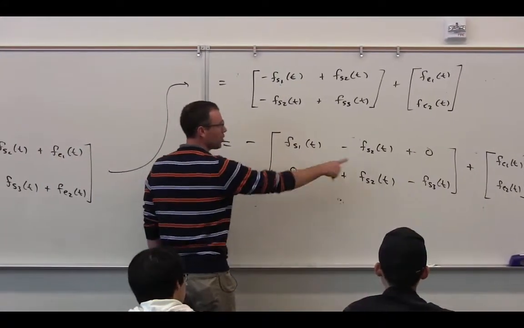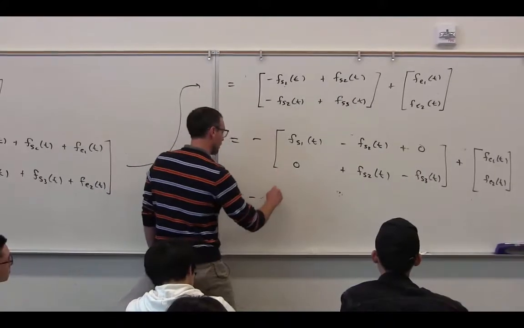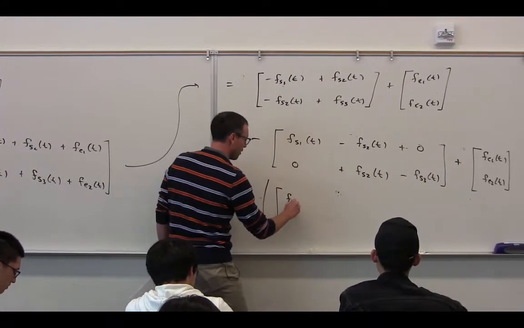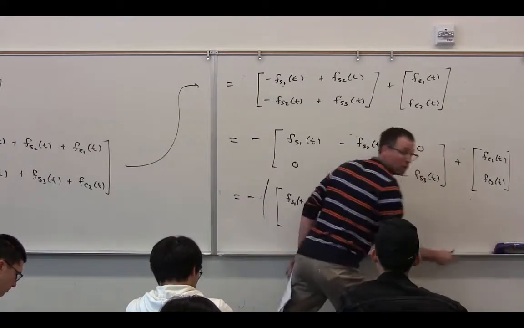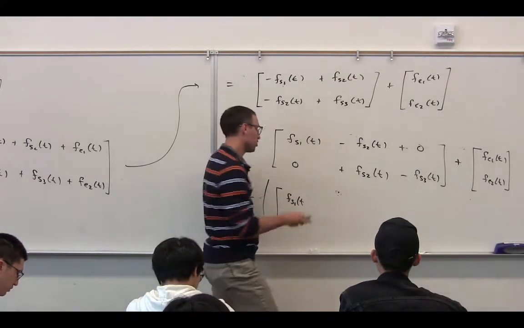Do you see a linear combination of vectors there? What linear combination of vectors do you see? Column 1 would be fs1. Do you want to do the linear combination in stages, or do you want to just jump to the end? Okay, let's do it in stages. That's awesome.